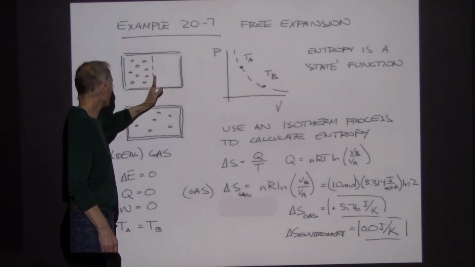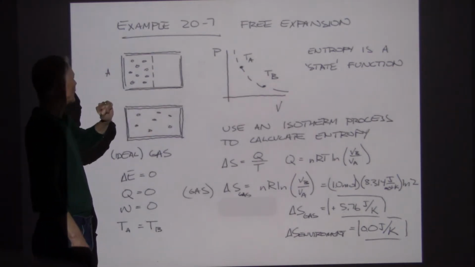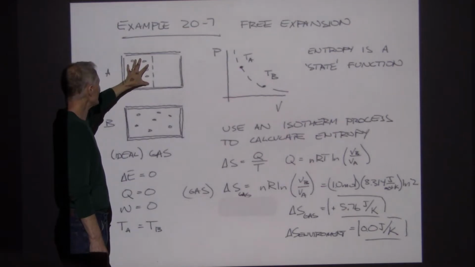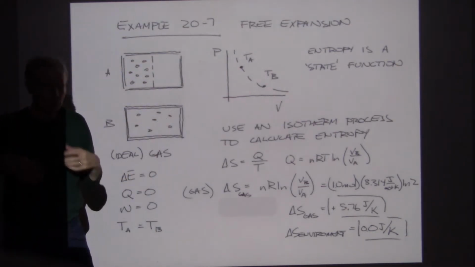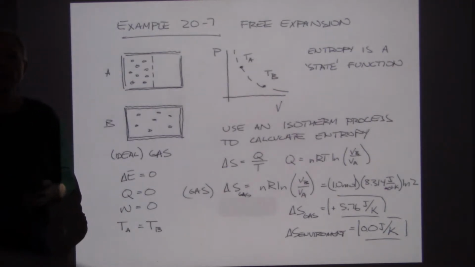So I've got this wall set up, and then we pull the wall out very rapidly. And so instantaneously the gas molecules, instead of being confined to this volume, now have more volume, maybe twice the volume, to be able to move around in.